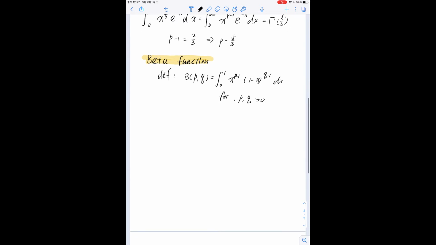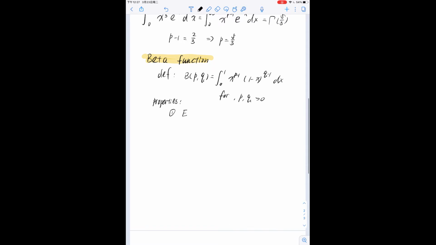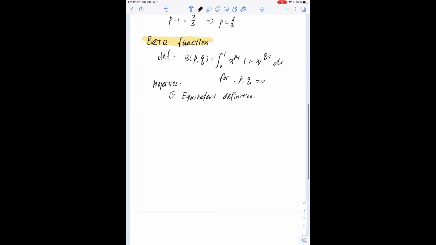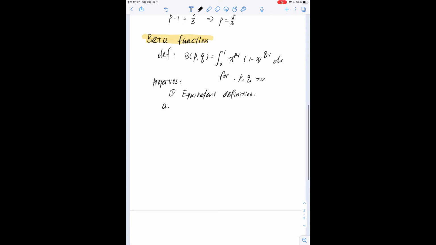So there are some important properties. First is the equivalent definitions. With a change of variable, we can have some important forms of the beta function. They are equivalent, but look quite different.